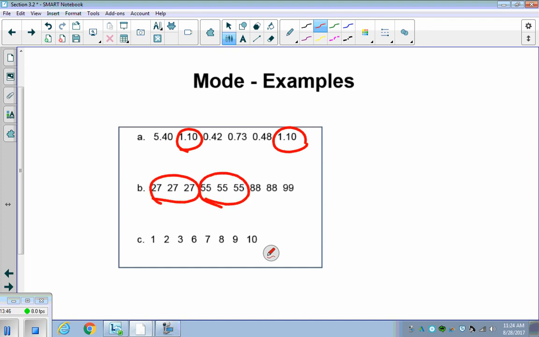Each of these occurs 3 times. 88 is only twice, and 99 is once. So it is bimodal. Multi. Okay, good question. How about C? No mode.